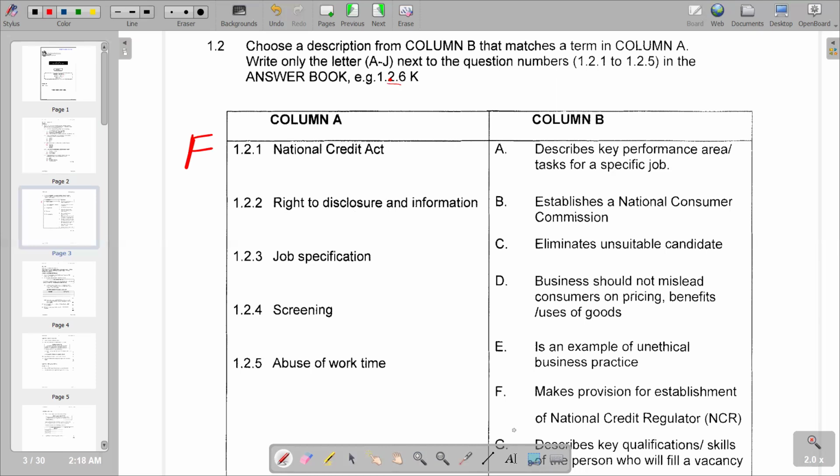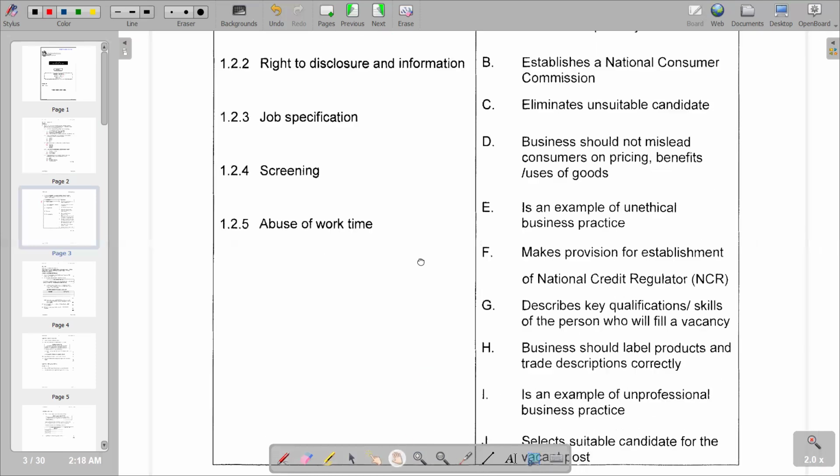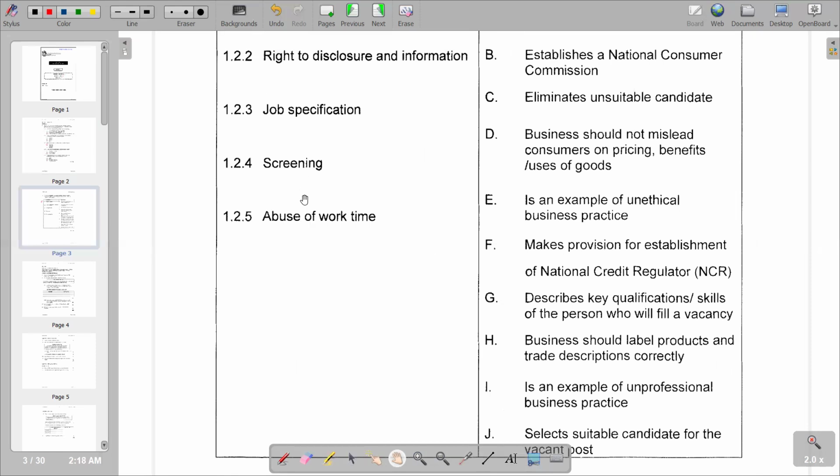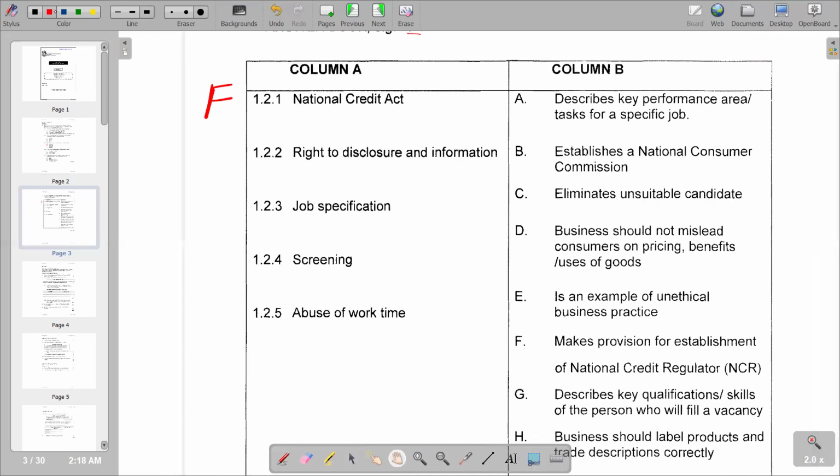We try to see which one matches that. We have H, which reads, business should label products and trade descriptions correctly. So obviously, H becomes the correct response there.